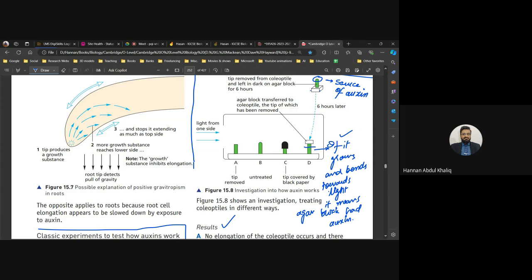When you remove something, check its effect, and then bring that thing back the other way around, it proves the importance of that thing. The coleoptile was first removed, then we accumulated all the auxin into the agar. The agar was replaced, and now the plant would grow and it would bend toward the light.